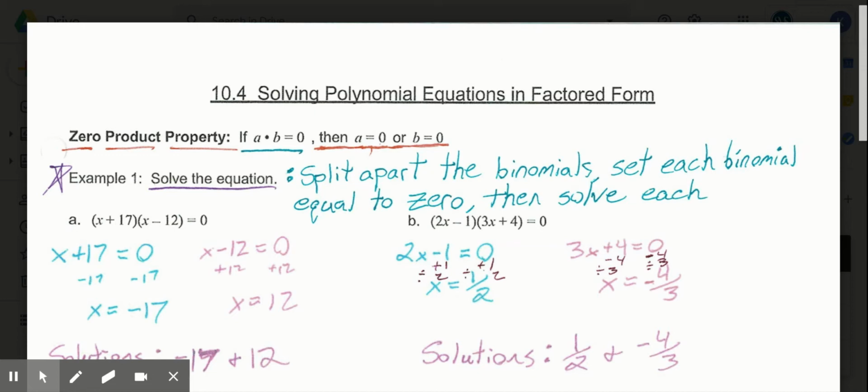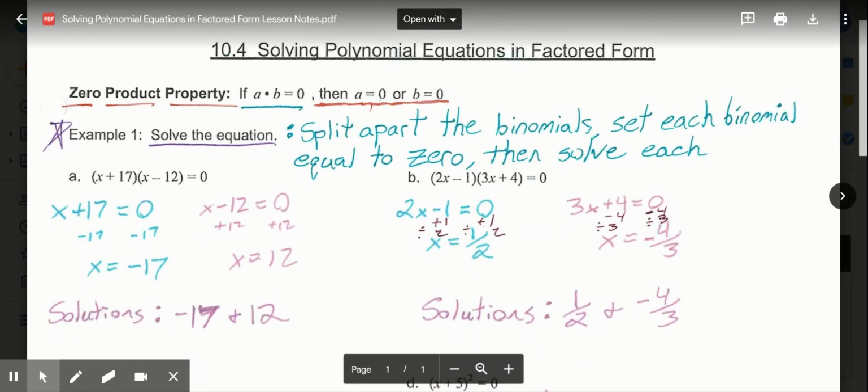Because in order for two values being multiplied to have a product of 0, one of those two factors has to be 0. That idea is what allows us to solve these polynomial equations in factored form.